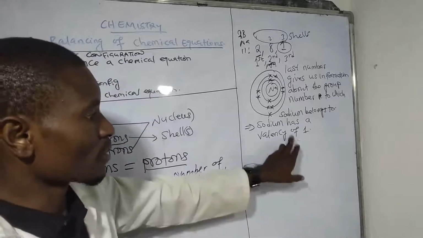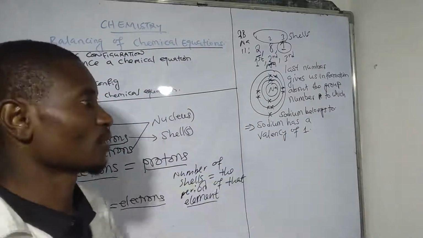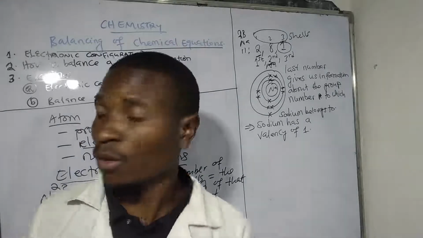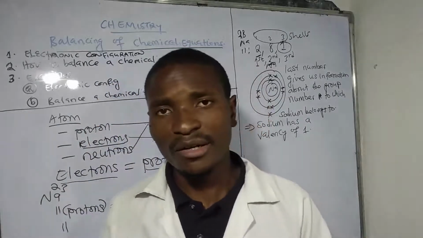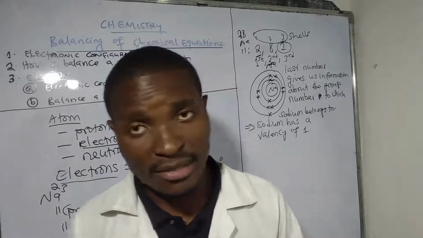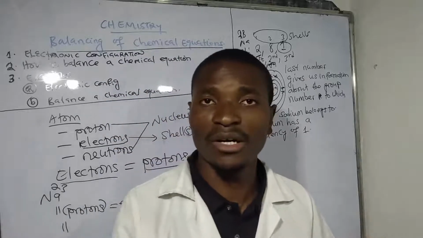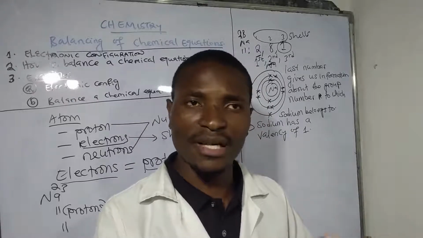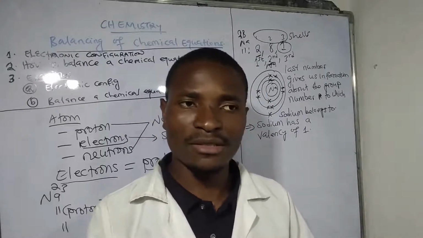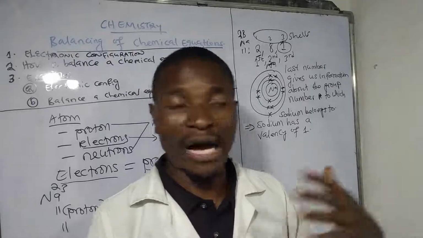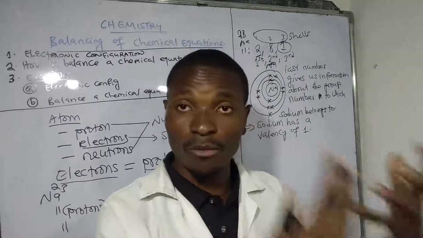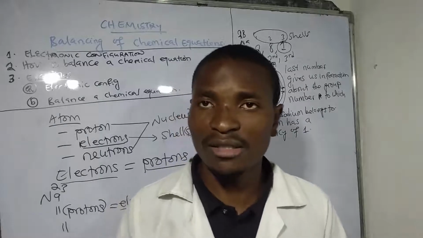Sodium has a valence of 1, which is going to be very cardinal when it comes to the balancing of the chemical equation. Understanding the valences of each and every single element becomes very cardinal, because we use the valence number to determine the number of atoms that will be shared when 2 elements combine together to form compounds. We shall see that in just a minute.